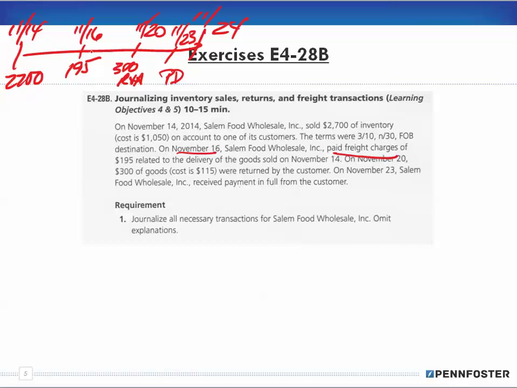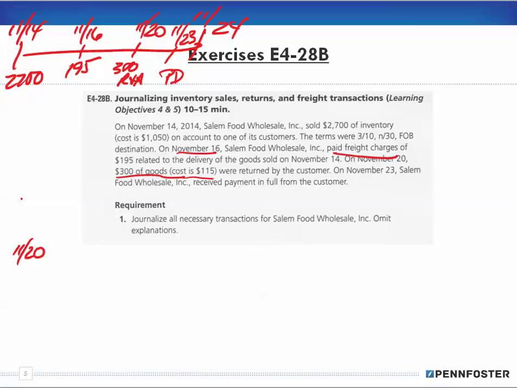Okay, so we're up to November 20th, and on November 20th, $300 of goods with a cost of $115 were returned by the customer. Okay, well, we should be accustomed to this. All right, why? Because if $300 of goods are being returned, on November 14th we billed, okay, follow along here in the thinking of the process.